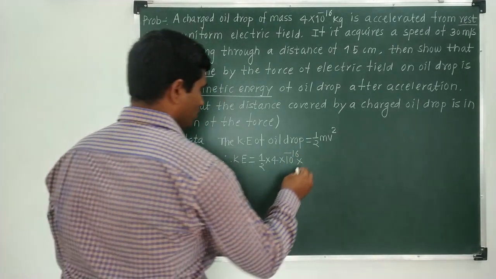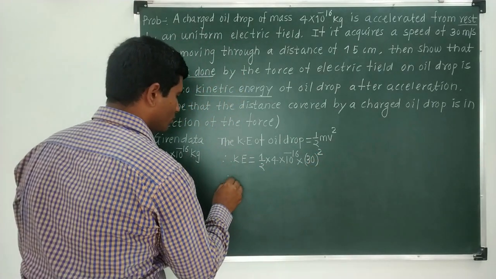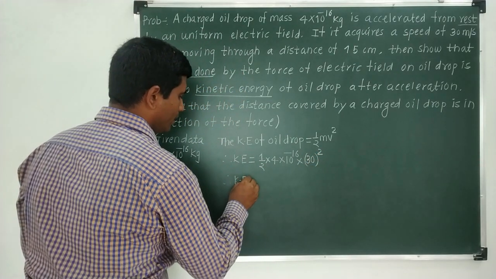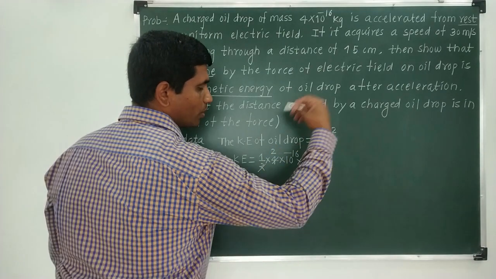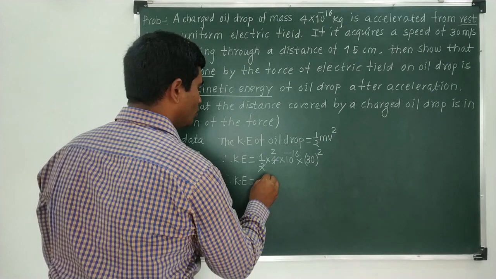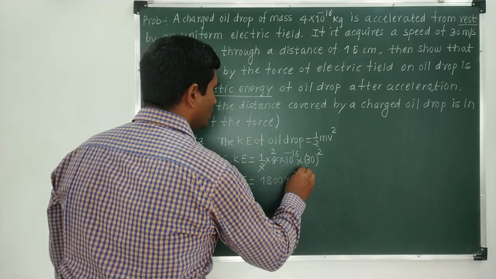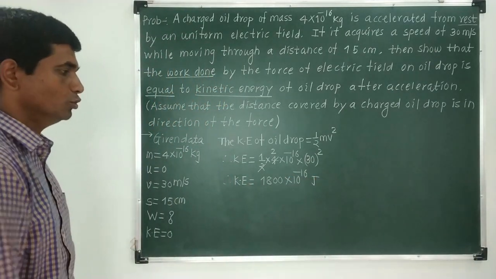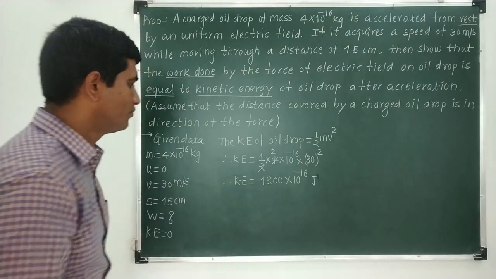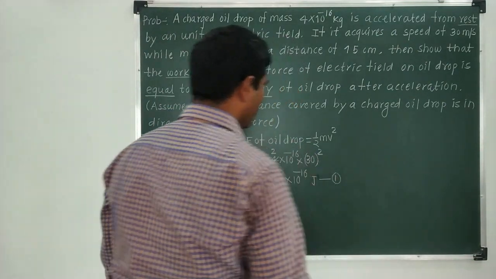V is 30, so it is 30 square. So this you can simplify. So kinetic energy is equal to 2 2s are 4 and 30 square will be 900. 900 into 2 will be 1800. So 1800 into 10 raised to minus 16, and this kinetic energy is in terms of joules. Okay, so this is the first quantity we have calculated. Let us call this equation number 1.